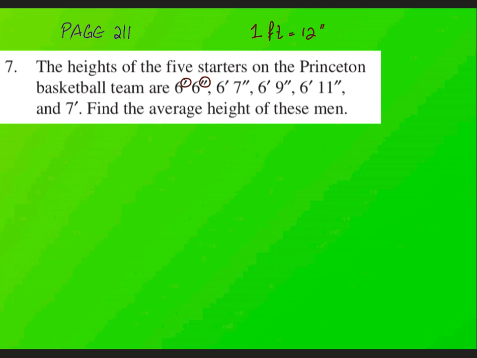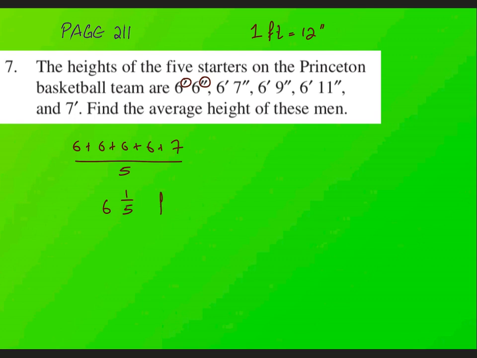Now I'll again find the average of the feet separately and the average of inches separately, and at the end I'll add them. So that's 6 plus 6 plus 6 plus 6 plus 6, these are the feet, upon 5. Now if you find the ratio, that's basically 6 whole 1 by 5.